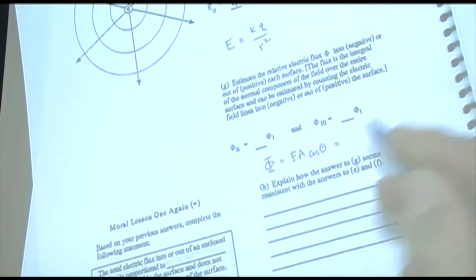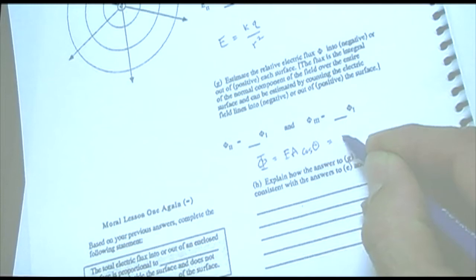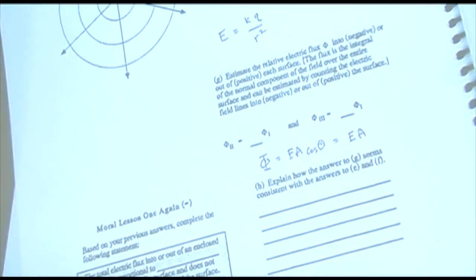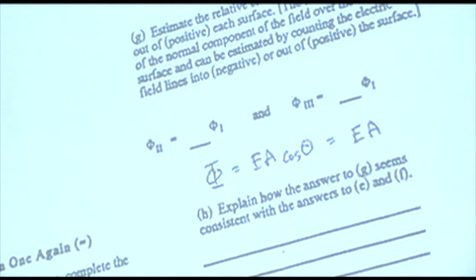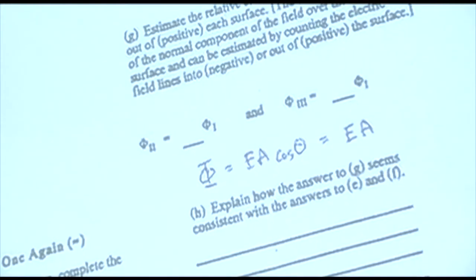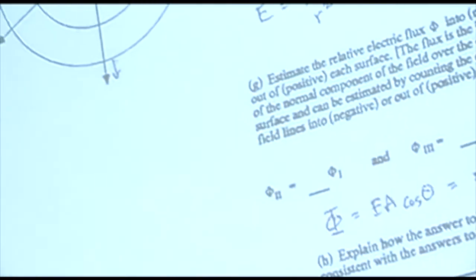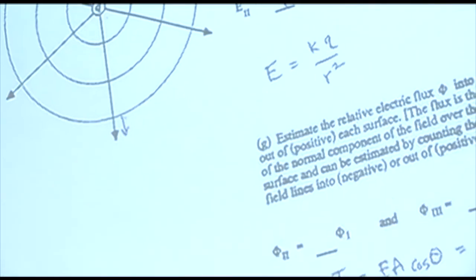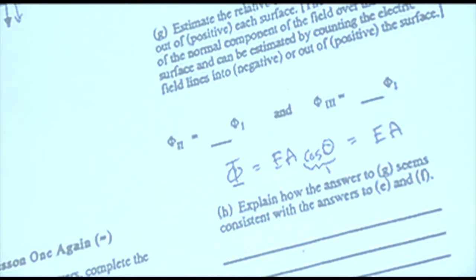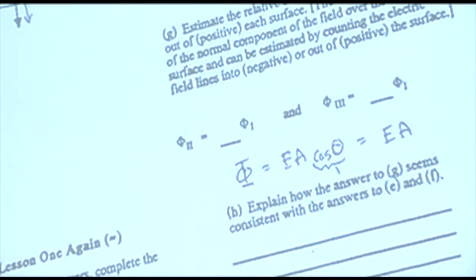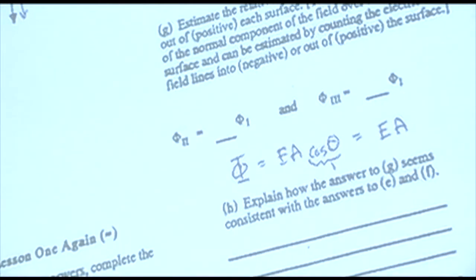And in this case, what's it going to be? It's going to be E times A, right? Because theta is going to be 0 degrees. Because the area vector points radially outward, and our electric field points radially outward, so cosine of theta is 1. So it's just the electric field times the surface area. We okay with that?